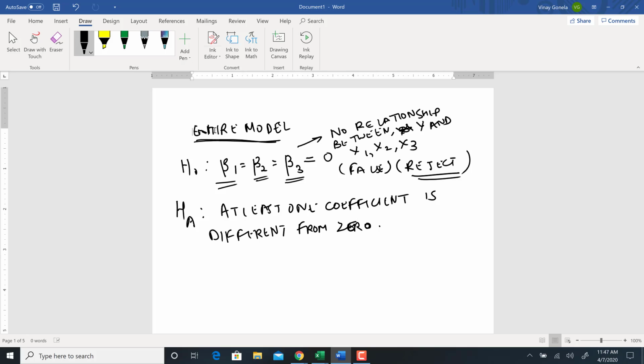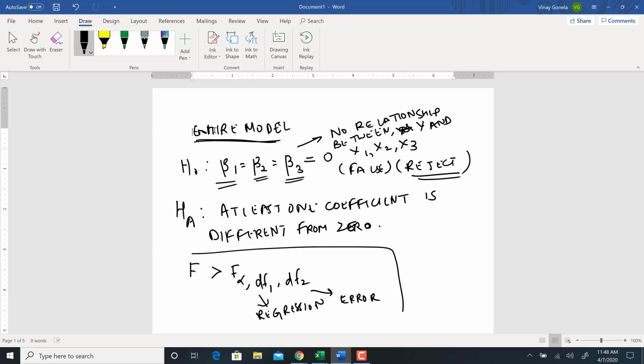To do hypothesis testing, one of the ways we can use is F greater than F alpha, which is the critical value, with degree of freedom 1, degree of freedom 2, where this is the degree of freedom of regression, and this is the degree of freedom of error. So this is one way you can say whether your model is good. If F is greater than the critical value, you reject H null.